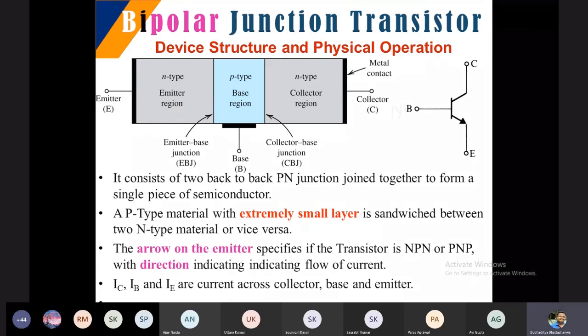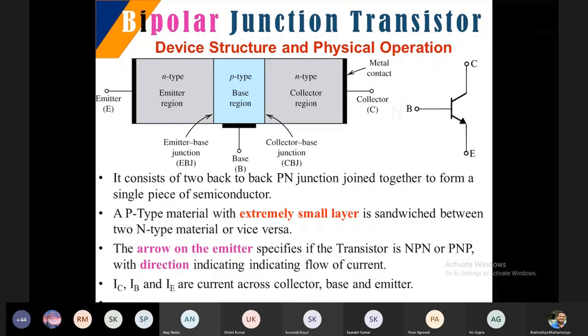As I've already told you, the transistor is ideally a combination of PN junctions, or it's a three-terminal device. Now, if you observe this structure, if you only observe this red color part, this part is nothing but an NP diode.